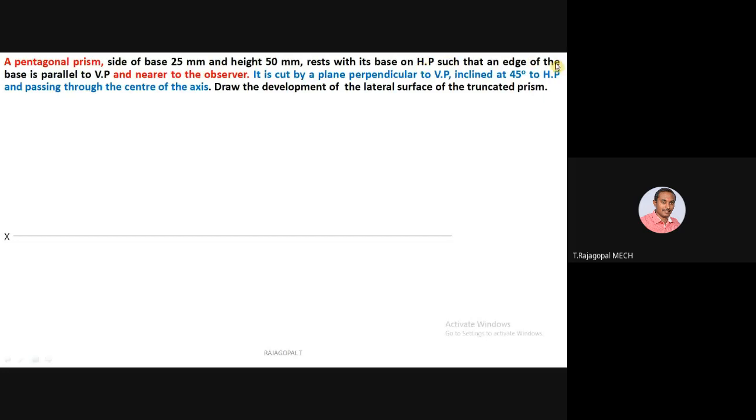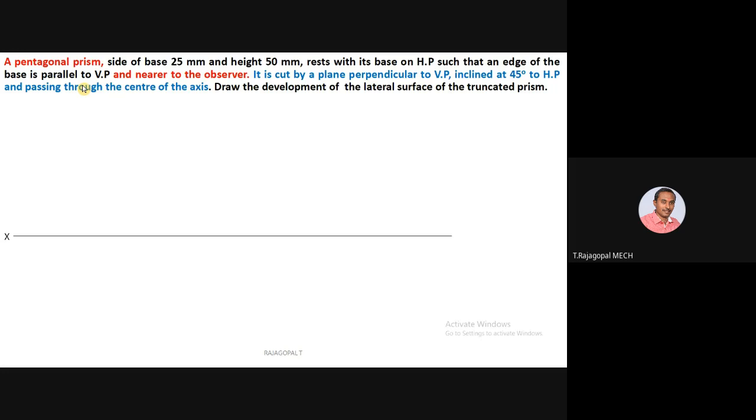Such that an edge of the base is parallel to VP. One edge of the base always parallel to VP in this question. Now, anyone can say the position of pentagon with respect to XY? One corner pentagon.